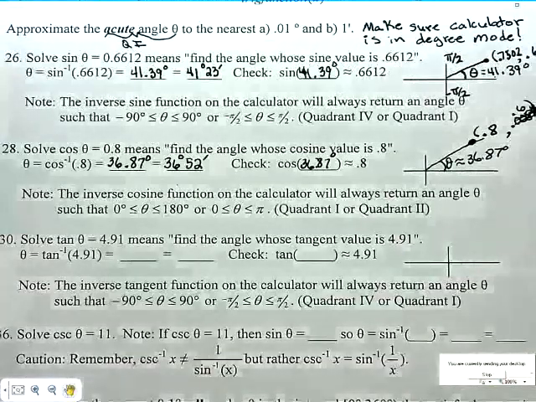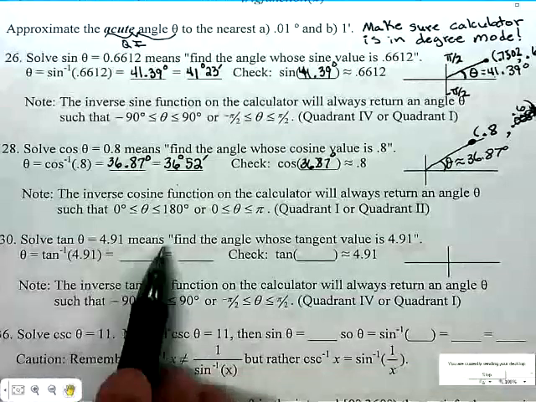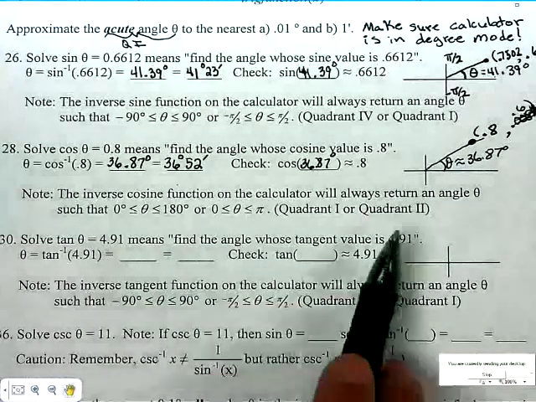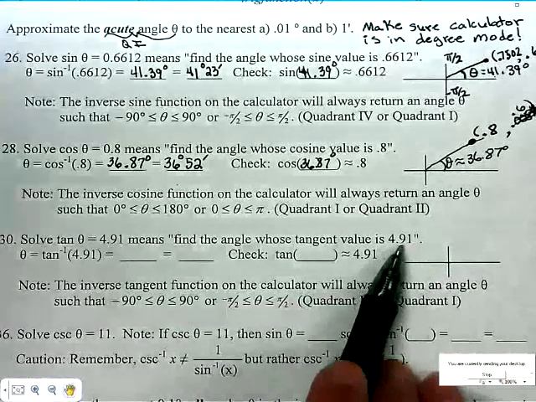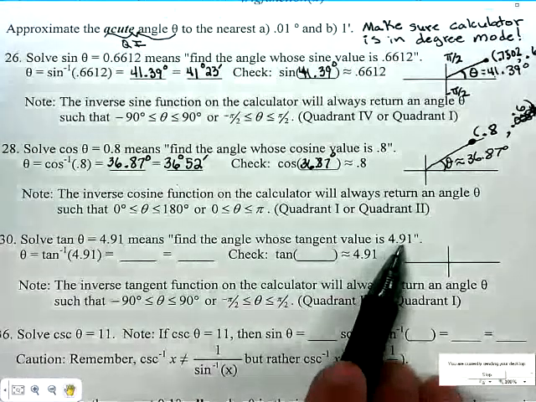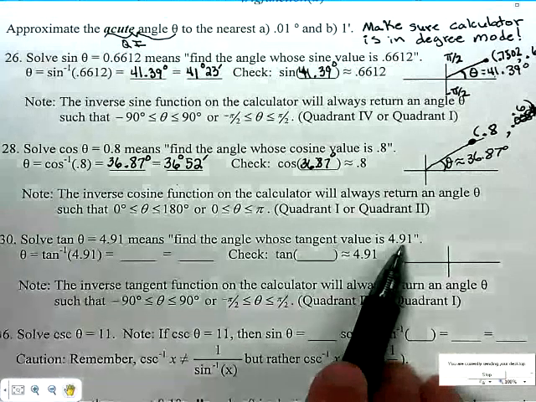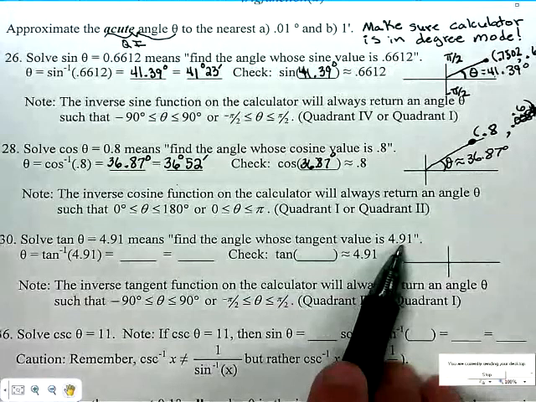All right, number 30, solve tangent of theta equals 4.91. That means find the angle whose tangent is 4.91. That means find the angle such that if you took the ordered pair corresponding to that angle on the unit circle and divided the y by the x, you'd get almost 5.